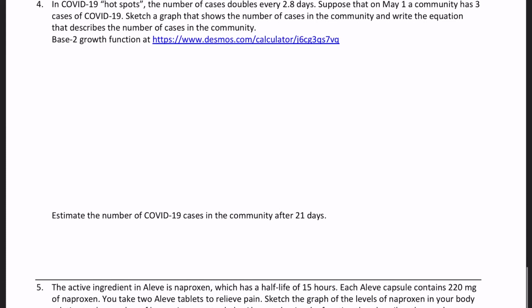So the back page is about exponential growth. This is a hot topic right now. And we would have, how about community COVID cases?